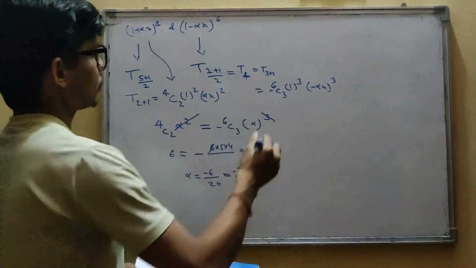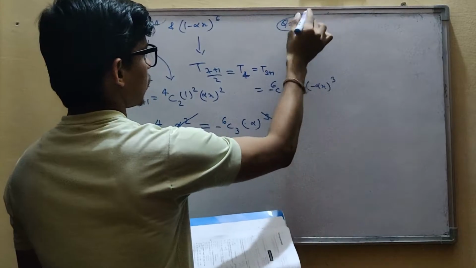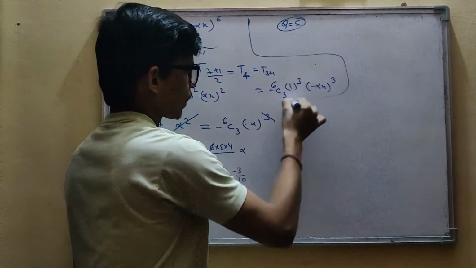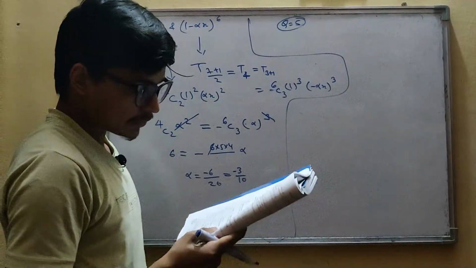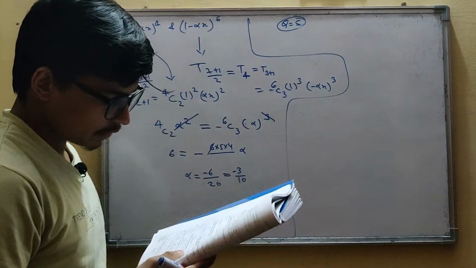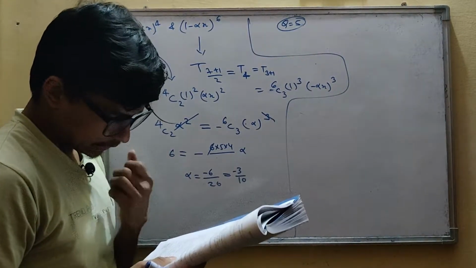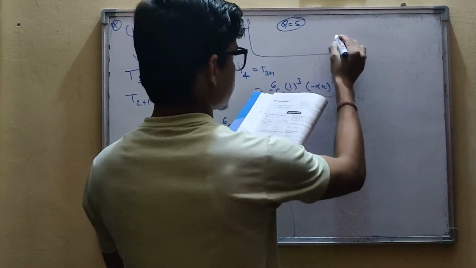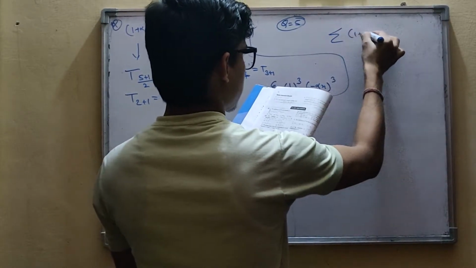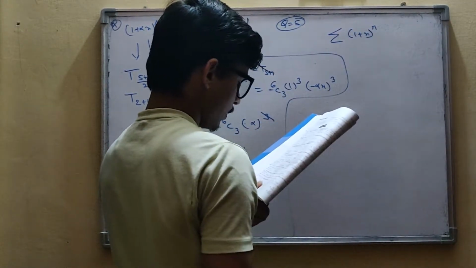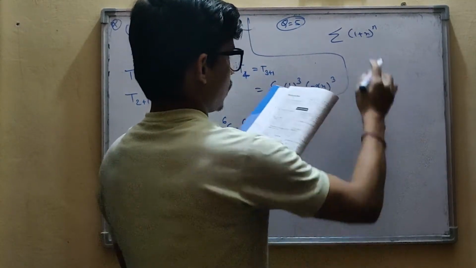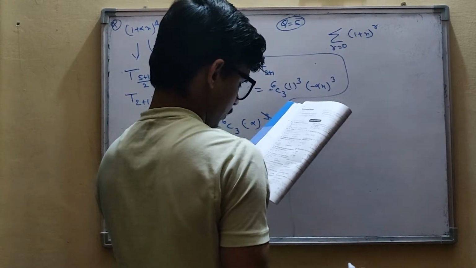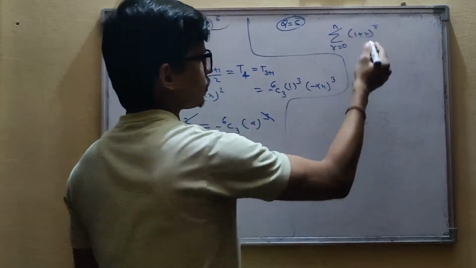Now next question, question number 5. So this was question number 4, and the coming one is the 5th. The 5th question is, in the expansion of this, the coefficient of x to the power k is, okay. So the question is something like this: summation of (1 plus x) to the power r, with r going from 0 to n.